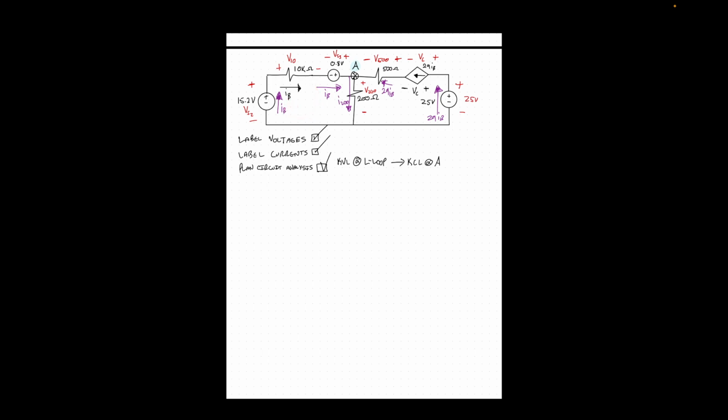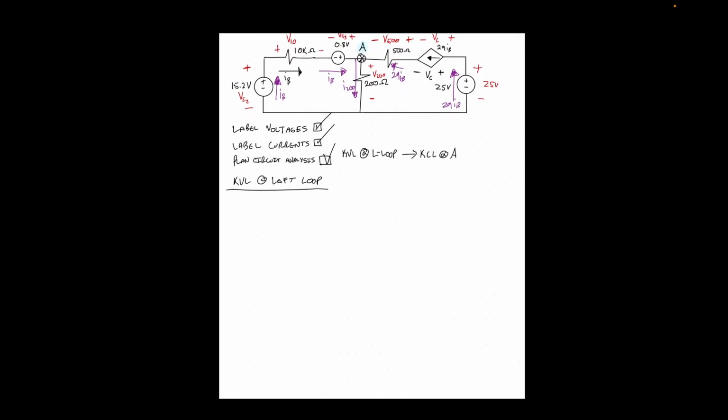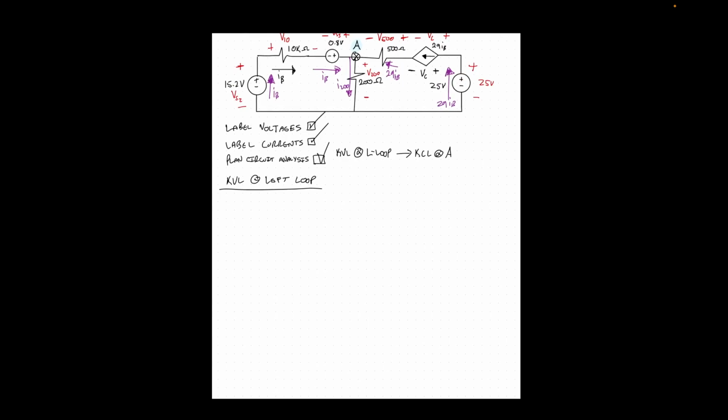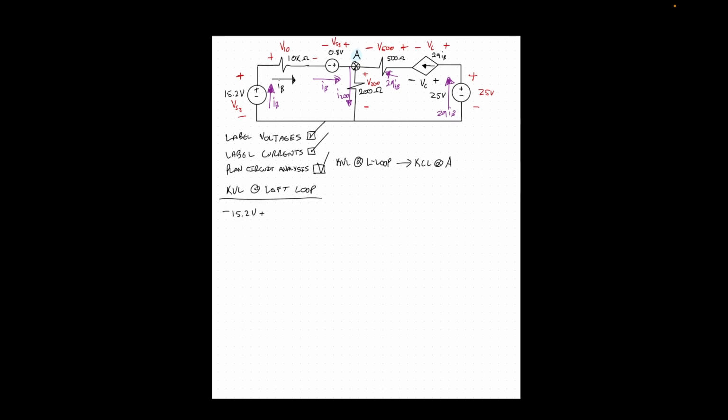So in doing this, let's actually write our steps. So KVL at left loop. KVL in the left loop will give me my minus 15.2 volts plus my V is equal to my R times I. So I'm going to have my R as 10 kilo ohm times, what's the current?